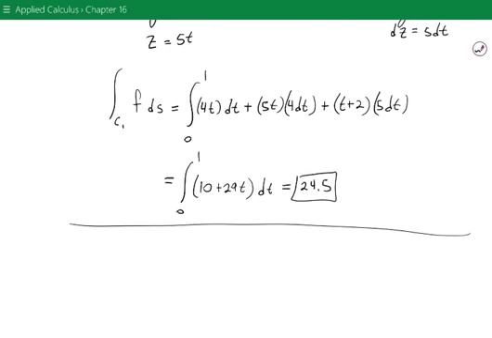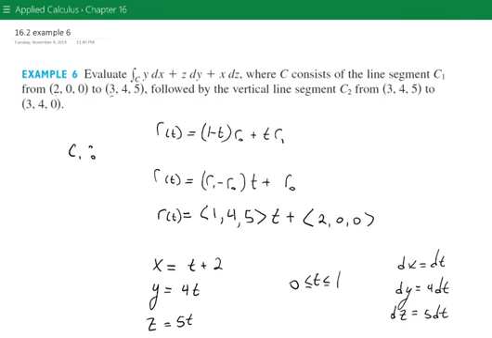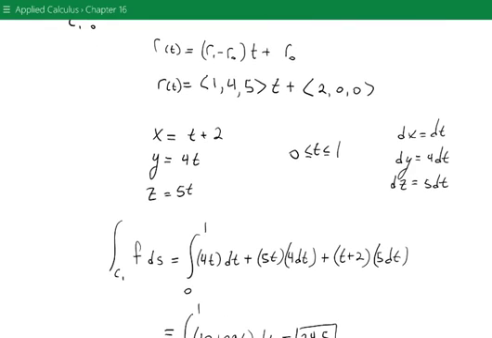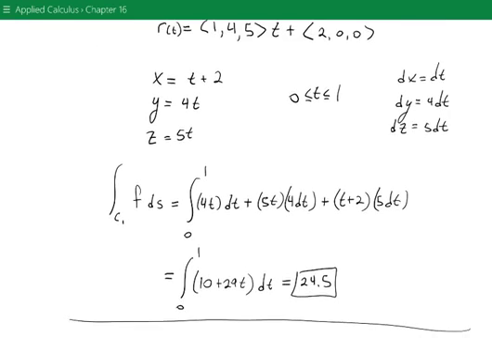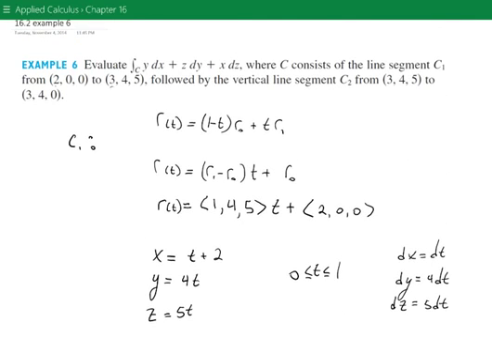For C2, we can do the same thing. C2 is from (3, 4, 5) to (3, 4, 0). In this case, it's a vertical line, so we can sort of avoid a lot of the stuff. X isn't changing, so x is constant at 3, y is constant at 4, and the only thing that's changing is z.